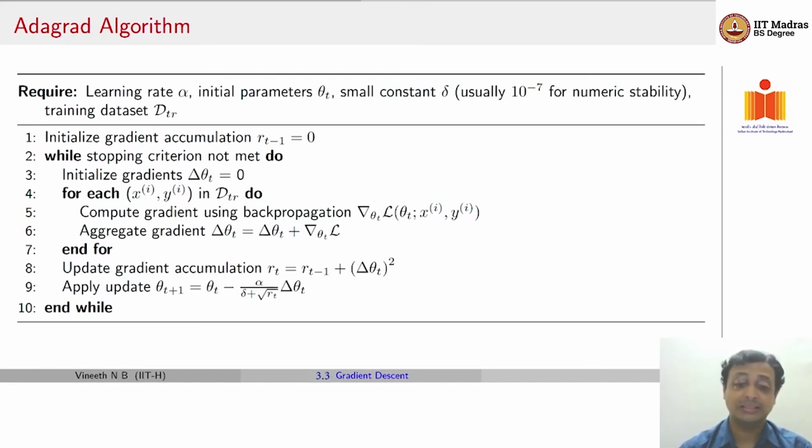The problem is that this gradient accumulation term RT is a running sum that simply keeps accumulating over iterations, which means as you run more and more iterations, it will only keep increasing and get higher and higher over time, which means this denominator is definitely going to get high over time for all the weights.